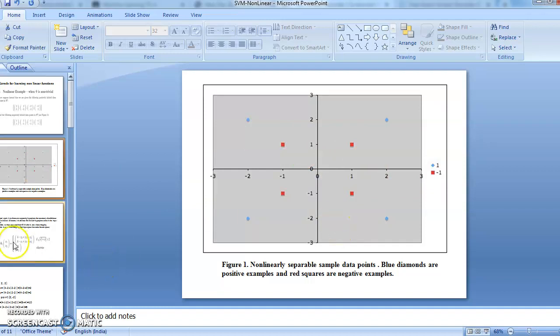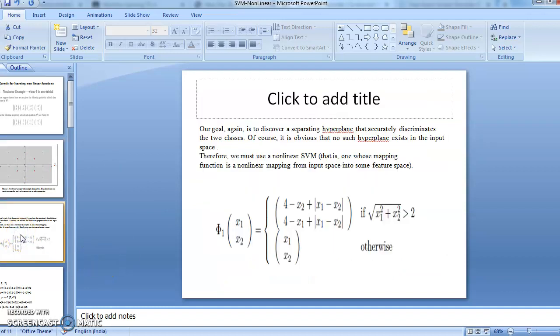Before applying the kernel we have to see what the conditions are. Suppose I want to apply this kernel function, then what is the condition? If the square root of x1 square plus x2 square is greater than 2, then we can apply this transformation function. Otherwise keep that data point as it is.